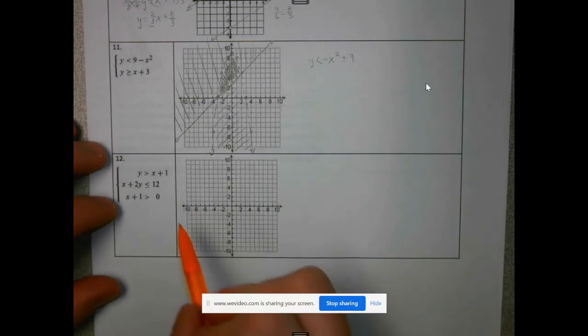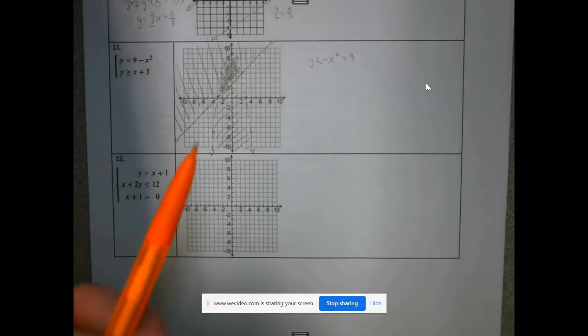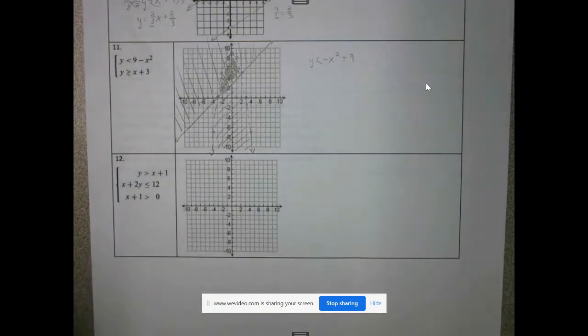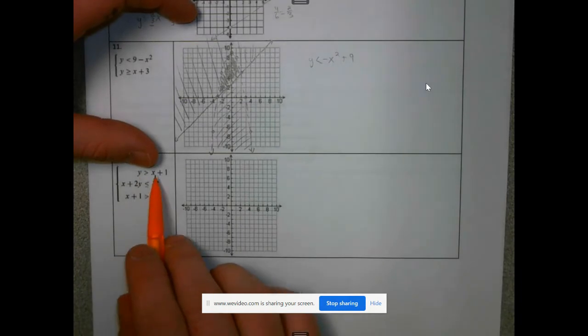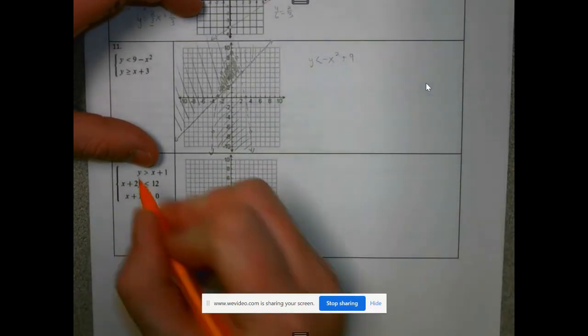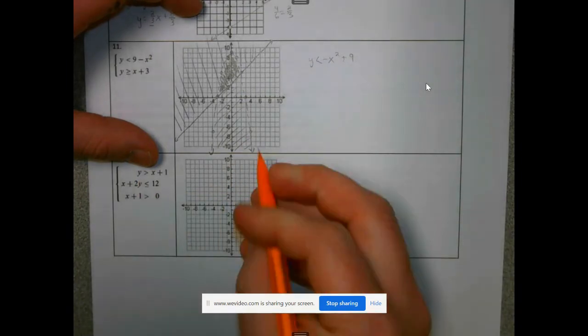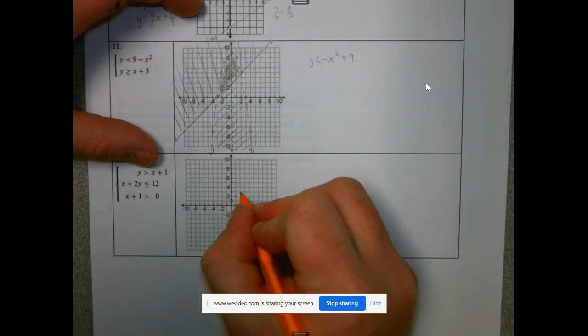All right, here we have a system of 3 equations that we want to graph. And this one's already solved, or 3 inequalities. This one's already solved, y equals mx plus b. Open circle, dotted line, so positive 1. And then the slope is 1, 1.